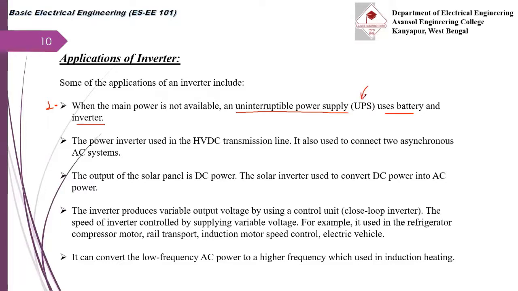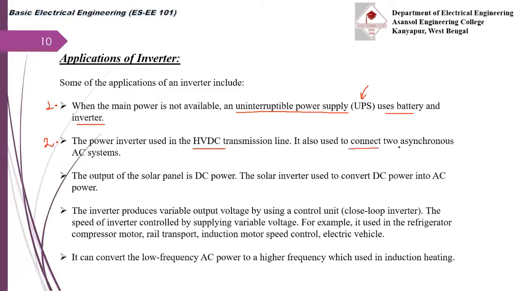In your home, if you have a desktop, you will see that it is connected with one switching device, that is the UPS, and this UPS is comprised of a battery and one inverter.